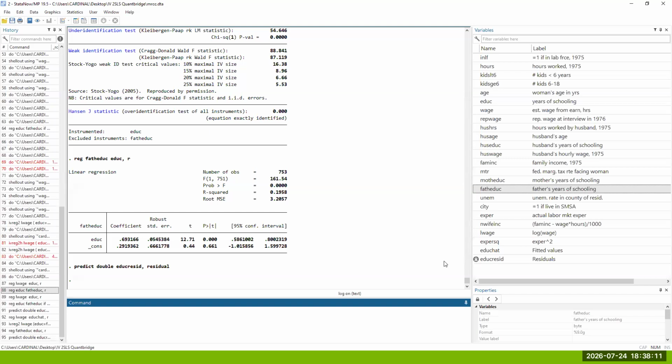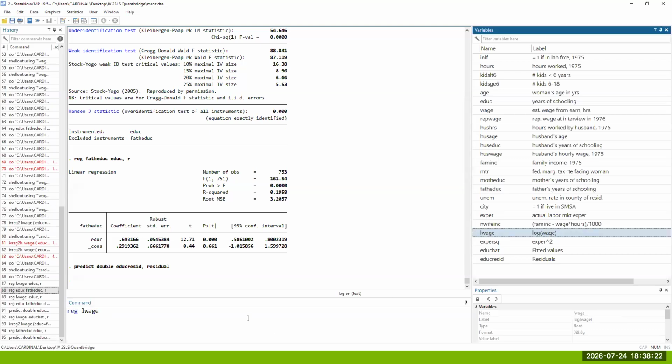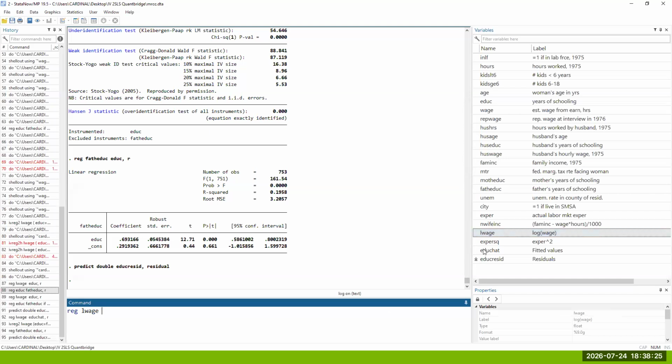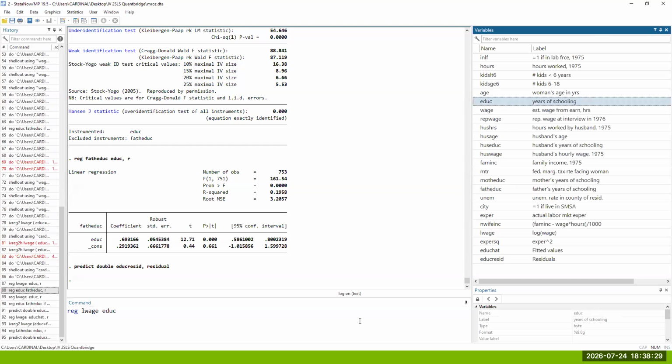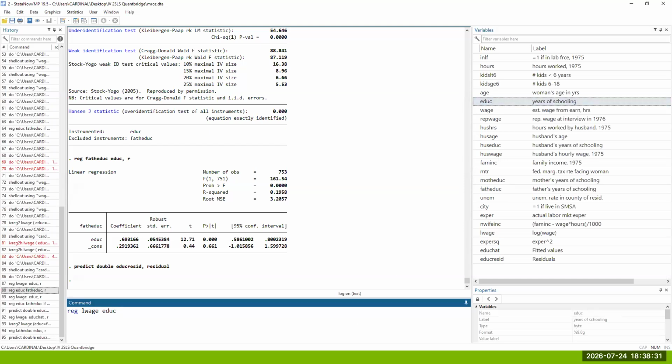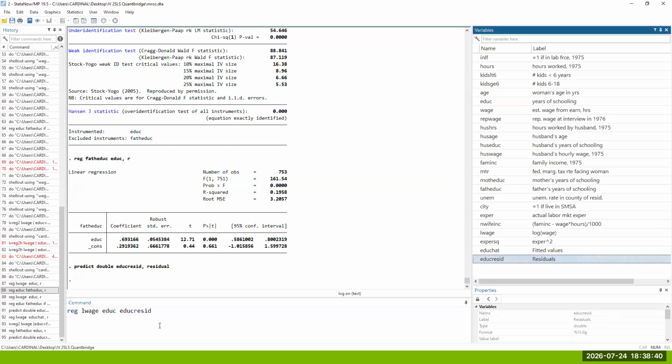So if you want to now estimate the effect of education on wage, you come back, you reg, the wage comes first, sorry. Education follows. Unlike previously, where you replace education with the education hat, which is a standard 2SLS approach, now you bring the same education and you introduce the residual of the education.